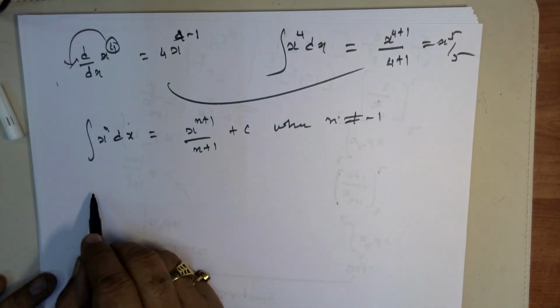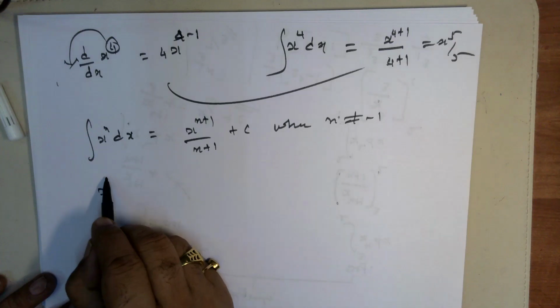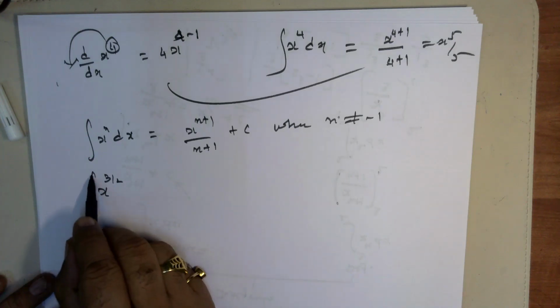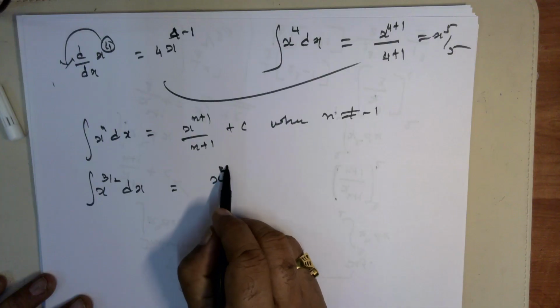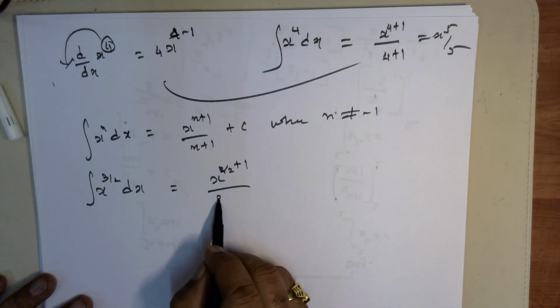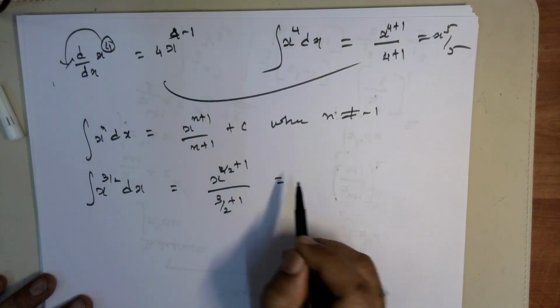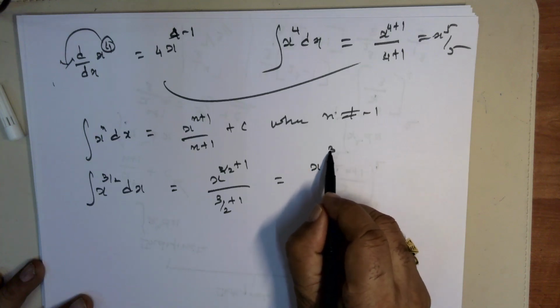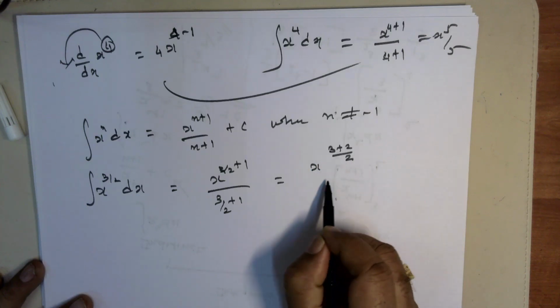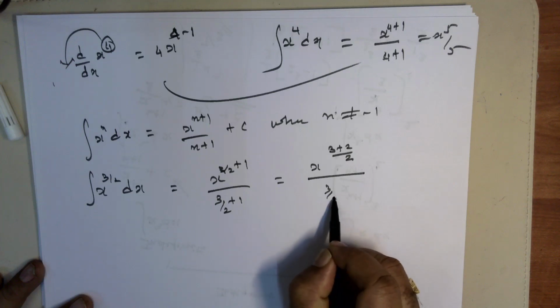Let us consider the integral of x power 3 by 2 dx. What we can do? x power 3 by 2 plus 1 divided by 3 by 2 plus 1. So it means x power, take LCM, 3 plus 2 divided by 2, divided by 3 by 2 plus 1.